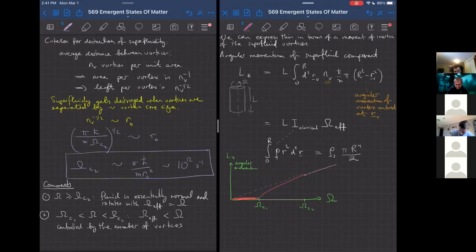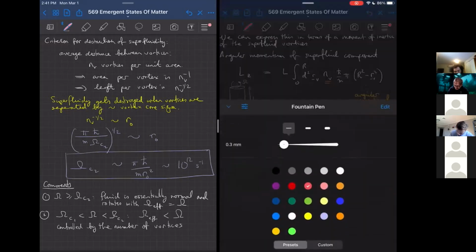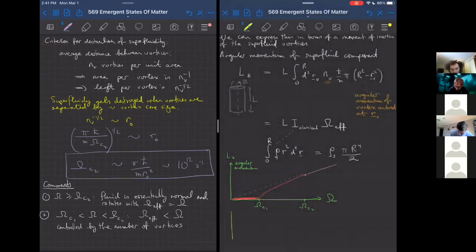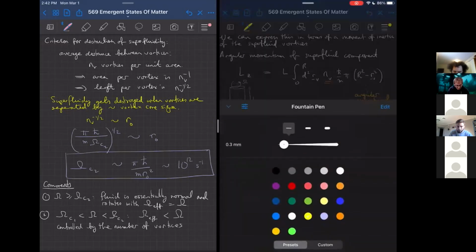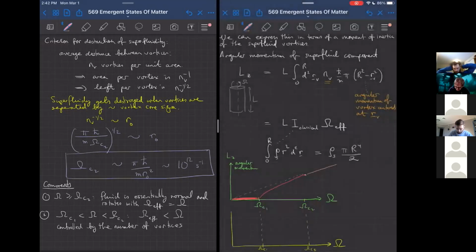And we can write this as a kind of phase diagram. So if I go back and draw down here, so here are these two critical velocities. We can draw the phase diagram, and on the vertical axis, why don't we plot the moment of inertia, which is the total angular momentum divided by omega.